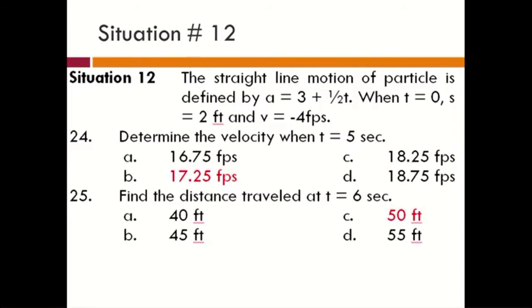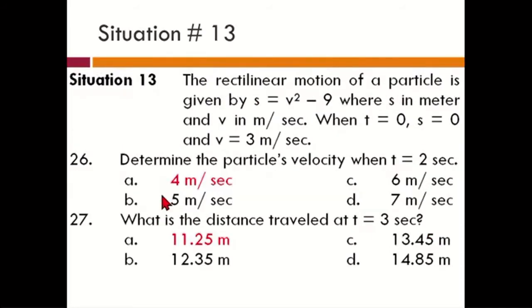Next, moving on. Station number 13, tignan natin kung ito ba ay worthy na sagutan. The rectilinear motion of a particle is given by, rectilinear means, ibig sabihin, diretso. Hindi siya curve. Okay? Displacement s equals v squared minus 9, where s is in meters and v is in meters per second.